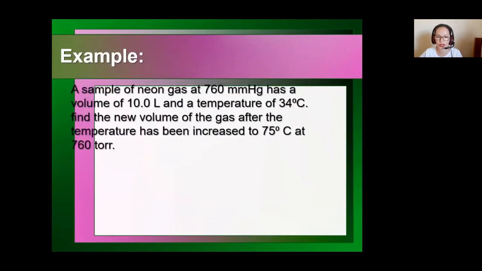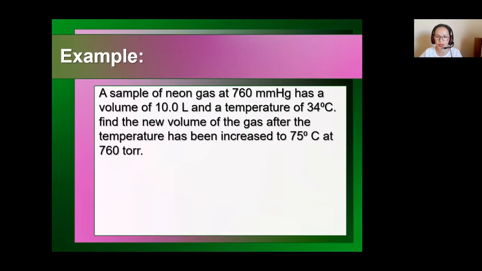If we have this example, say a sample of neon gas at 716 millimeters of mercury has an initial volume of 10 and the initial temperature is 34 degrees Celsius. What is the new volume if the temperature has been increased to 75 degrees Celsius, maintaining the same pressure?